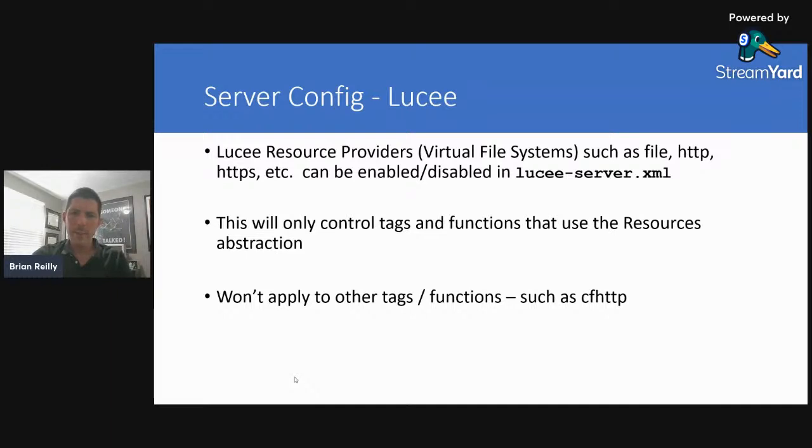Some tags, so things like CF HTTP, don't use the resources abstraction, but CF HTTP is one of those cases where for a long time it has been known and documented as a potentially vulnerable function. So this may have had more security attention than some of those functions that may have been off folks' radar in terms of being able to use for server-side request forgery.